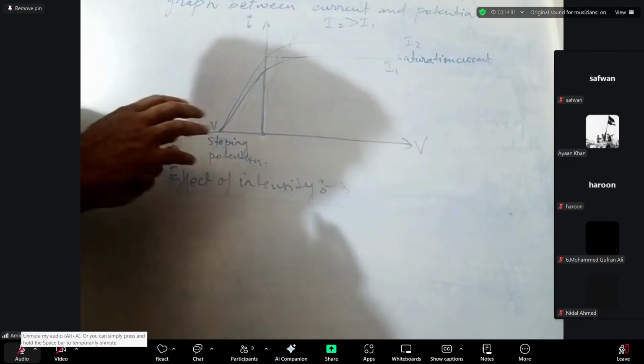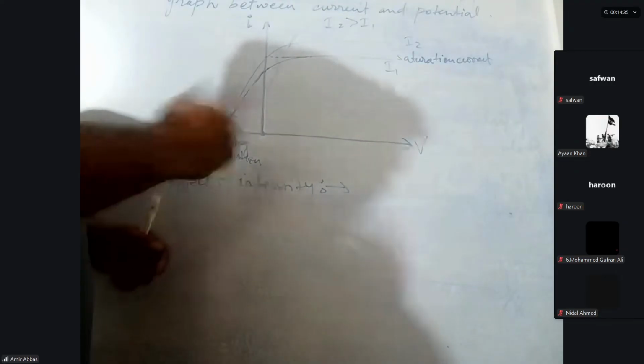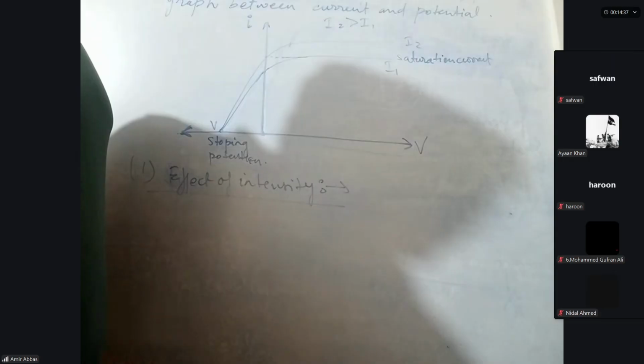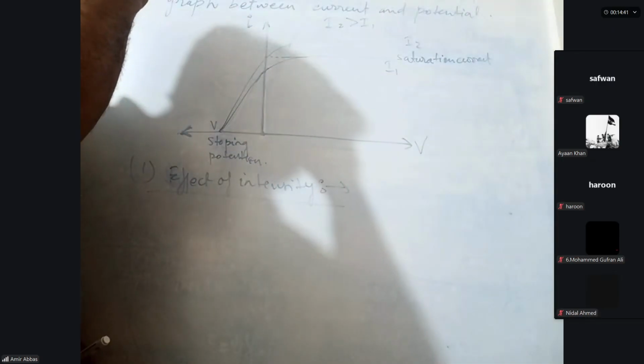To stop those highly energetic electrons, we have to increase the potential. Here in this case, we don't need to increase the stopping potential. Have you got that?